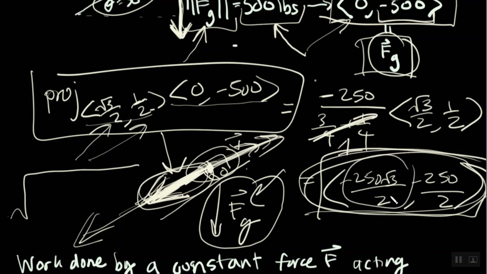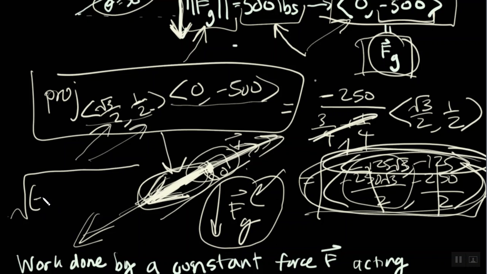Well, I kind of want to simplify this. So this would be negative 125 rad 3, and this would be negative 125. So let's just make this our new vector, and let's simplify from there. So we're going to have negative 125 rad 3 squared plus negative 125 squared. And this will give us the magnitude of that force due to gravity in the line of motion.